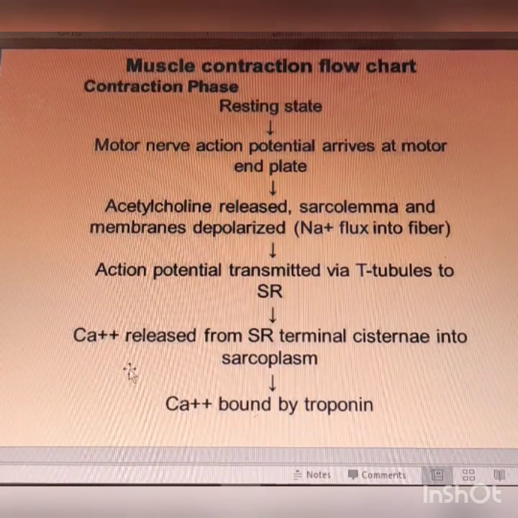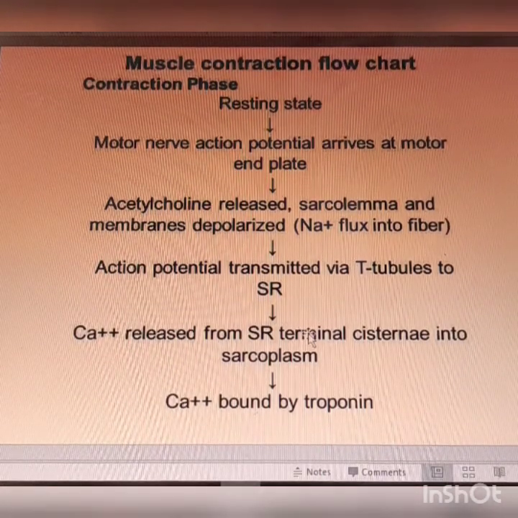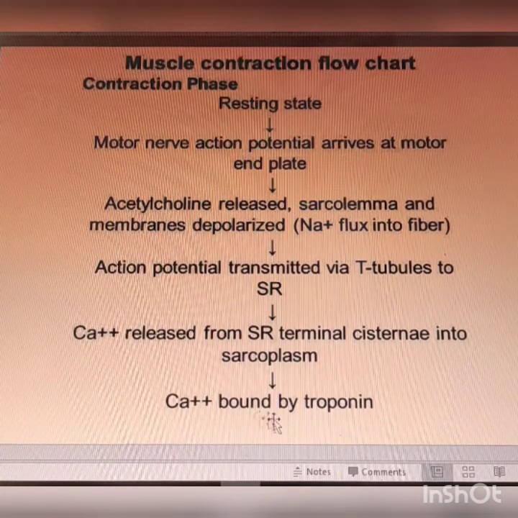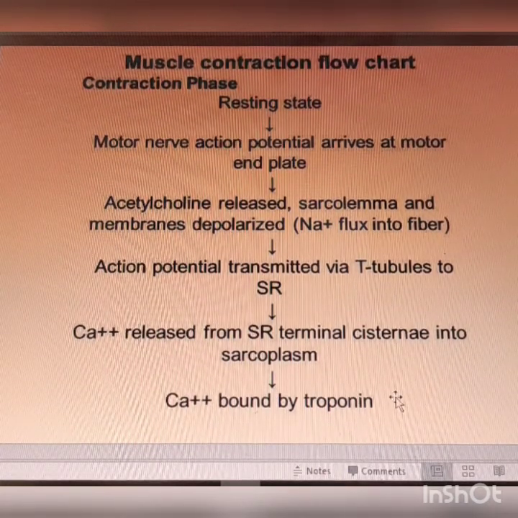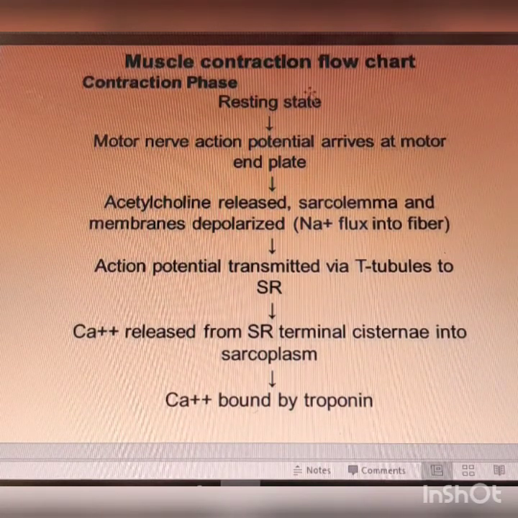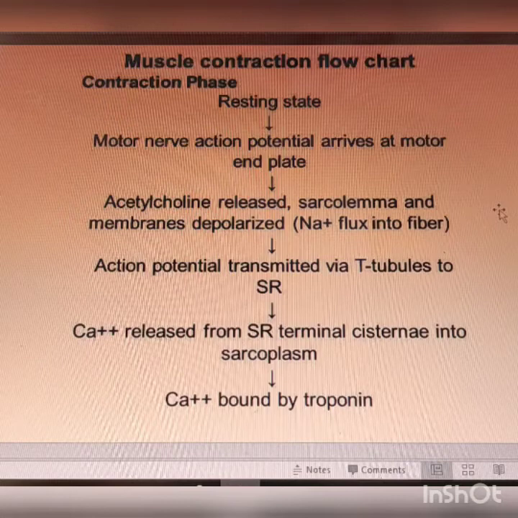Calcium ion is released from the sarcoplasmic reticulum terminal cisternae into the sarcoplasm. Calcium is bound by troponin. This is the muscle contraction flow chart.